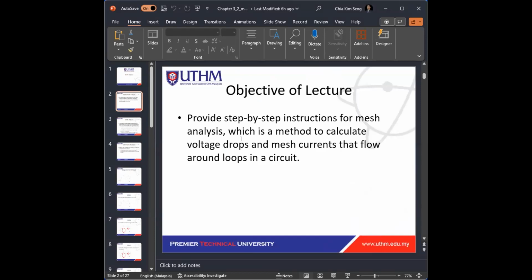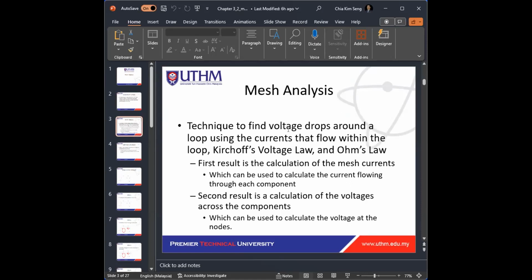So in this slide, you're going to explore the step-by-step instruction for the mesh analysis, which is a method to calculate the voltage drop and mesh current that flow through loops in a circuit. Unlike the node analysis that we learned, where we find VA, VB, or V1, V2, for the mesh analysis we're going to find the current.